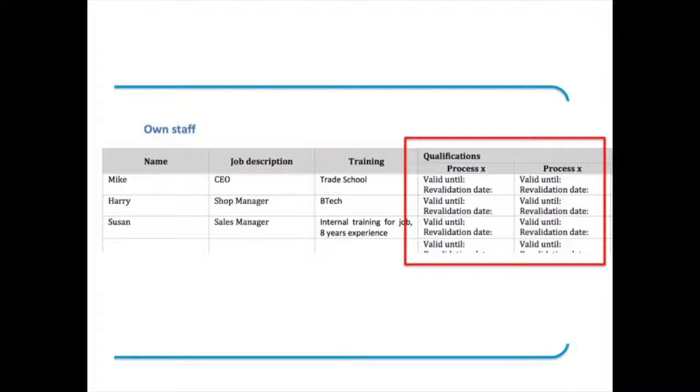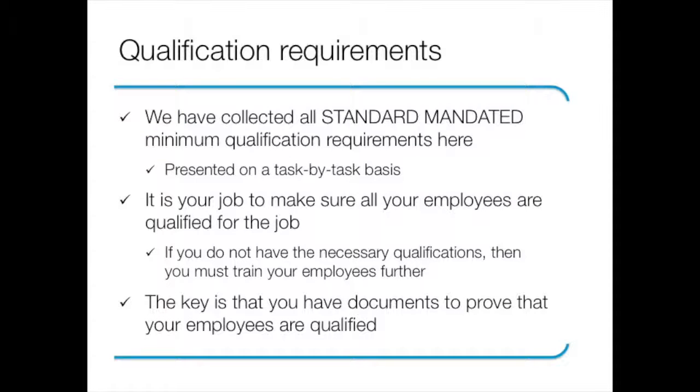You might wonder what qualifications you should write down in the last columns. I ask you to leave these blank at this point, as we will need to check the minimum qualification requirements first. After that, you can fill in the last columns. Next, open the other file called Qualification Requirements. We have made this file because the standard requires you to define qualification requirements for key tasks and then make sure that your employees are qualified to perform them.